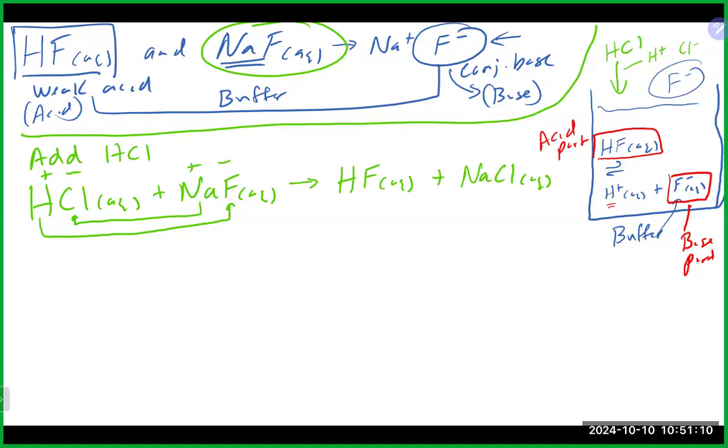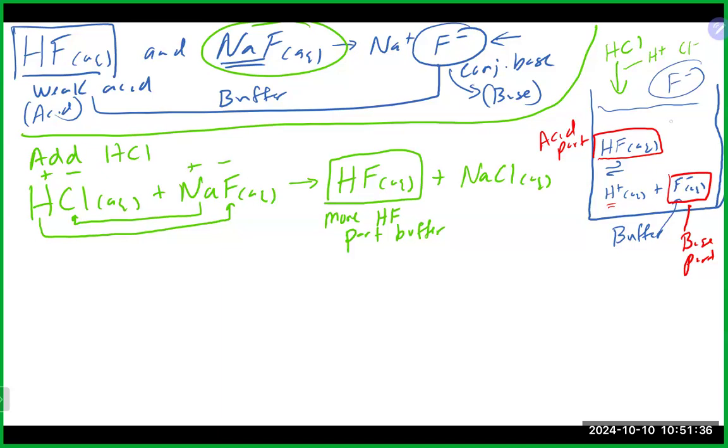So let's look at what we just made here, right? We actually made more of the HF, which is part of the buffer to begin with. So clearly that is not going to mess up the pH because we just made more of what was there to begin with. So that's not going to have any effect on pH.